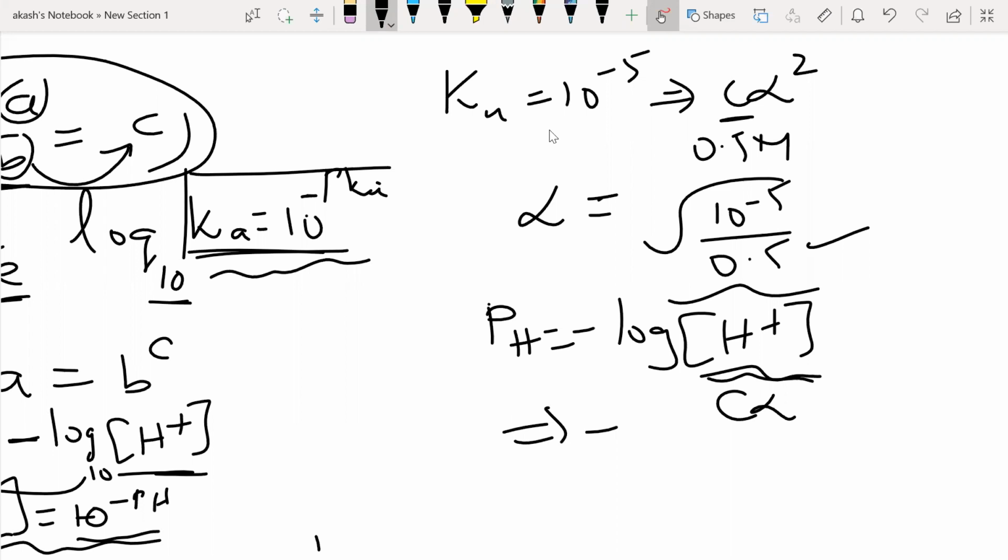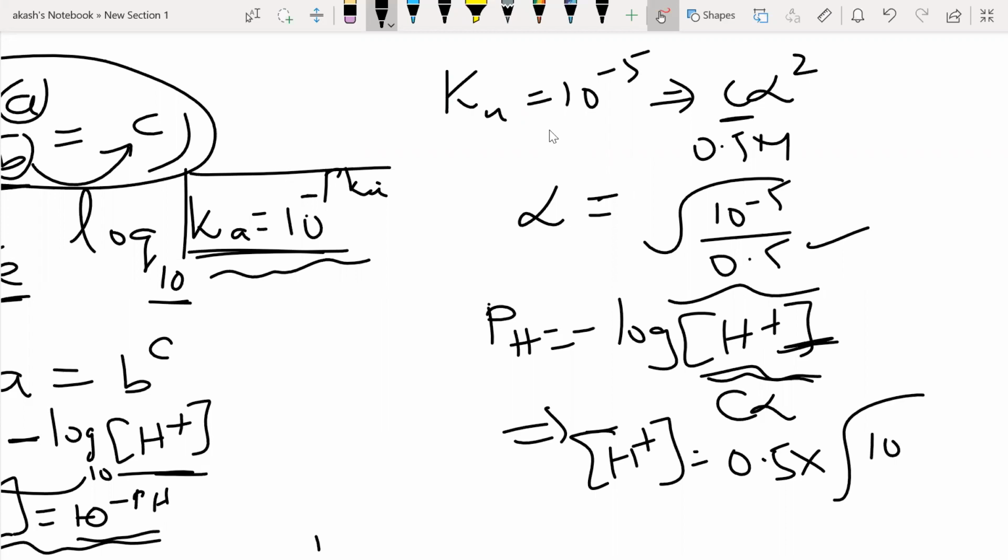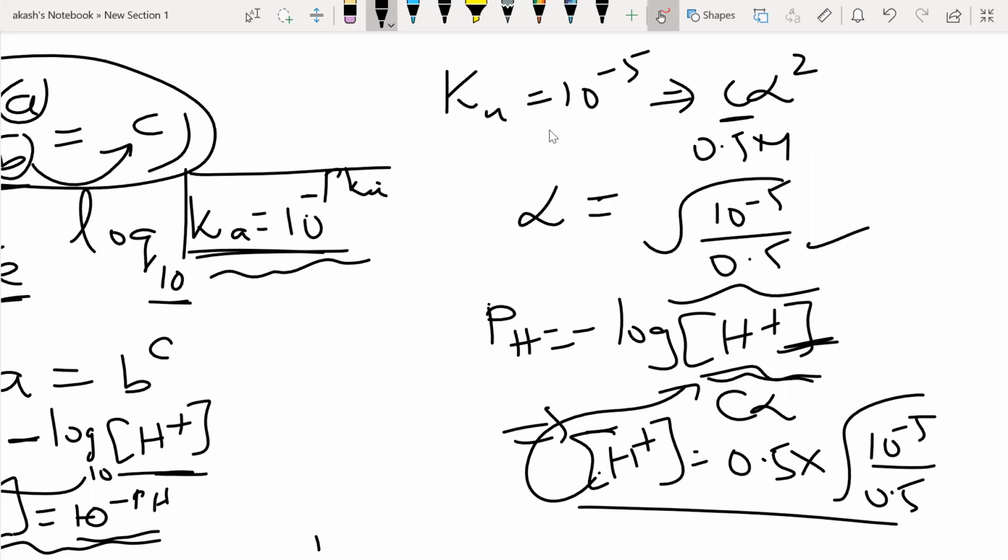So if I want to find the H plus concentration first, that is 0.5 into the alpha value, root of 10 to the power minus 5 divided by 0.5. Take this H plus concentration, put it here, find the pH.